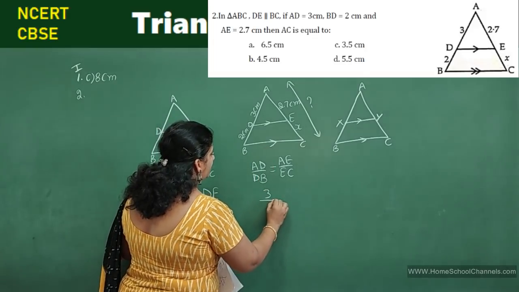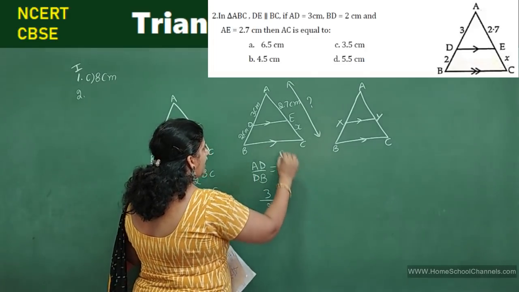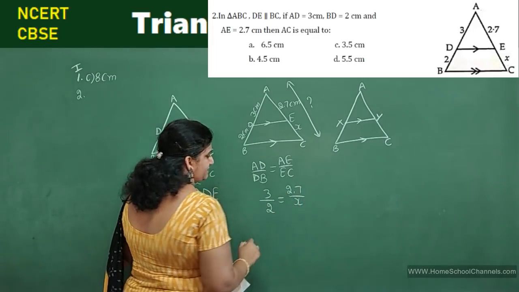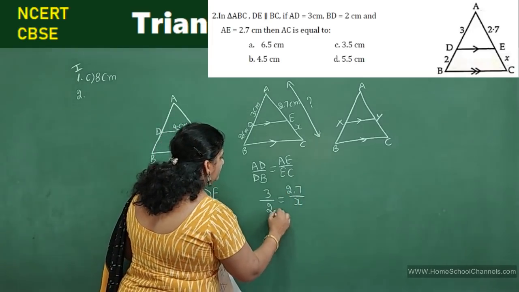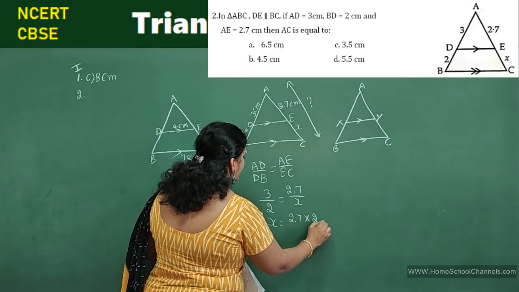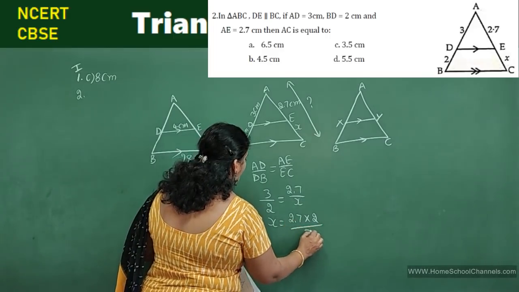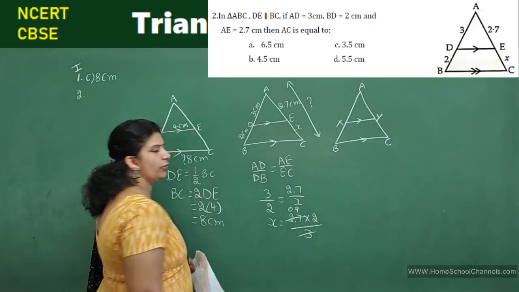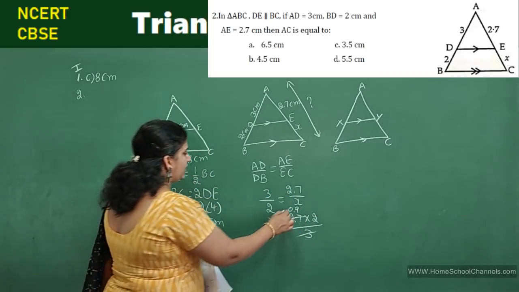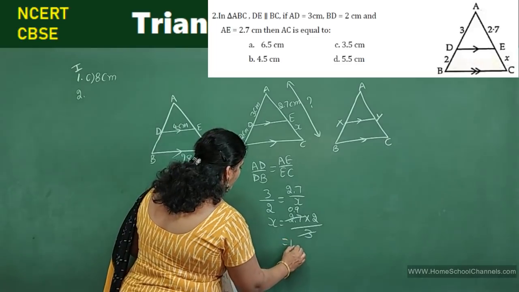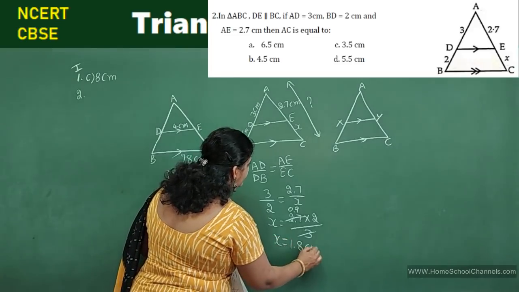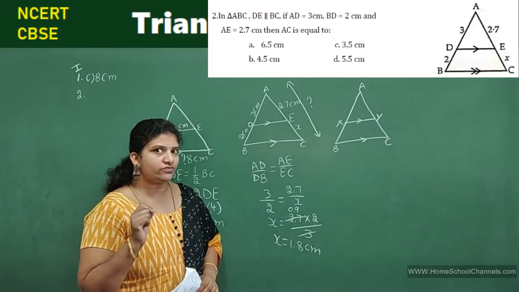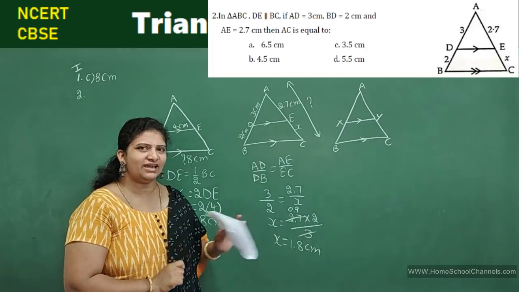AD 3, DB 2, AE 2.7, substitute the values. EC we don't know, X. Cross multiply: 2.7 into 2 by 3. 3 0.9s are 2.7. Now multiply 0.9 into 2, 1.8 centimeters. Is your answer completed? Most of the children will end the answer here itself.